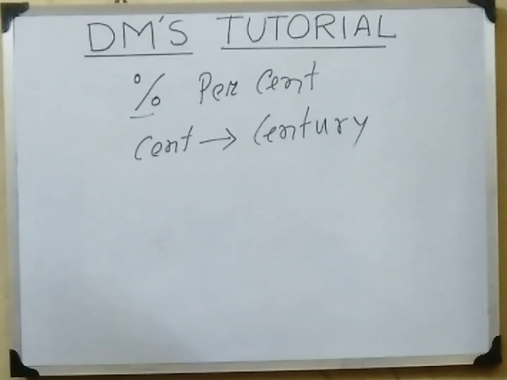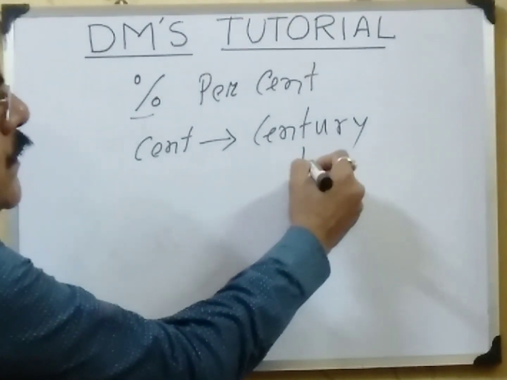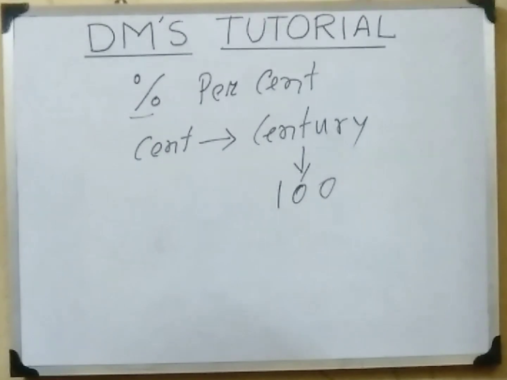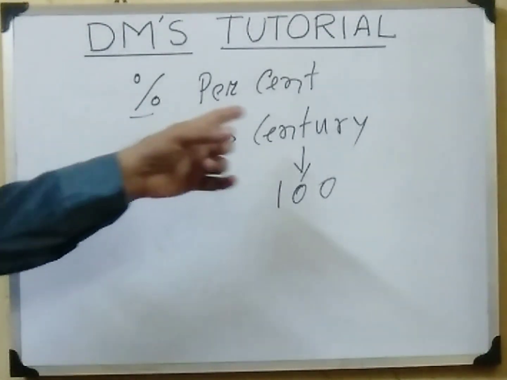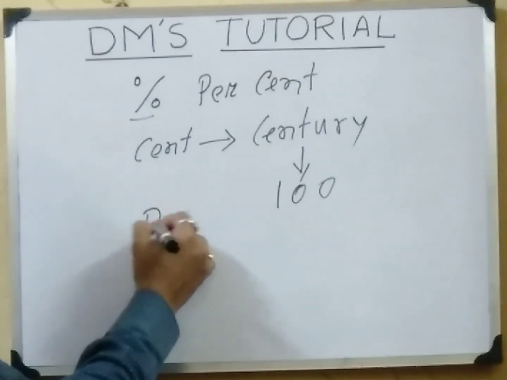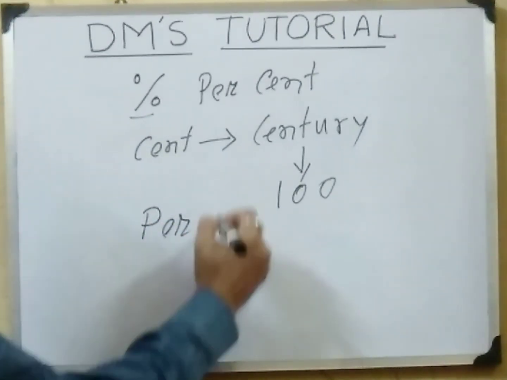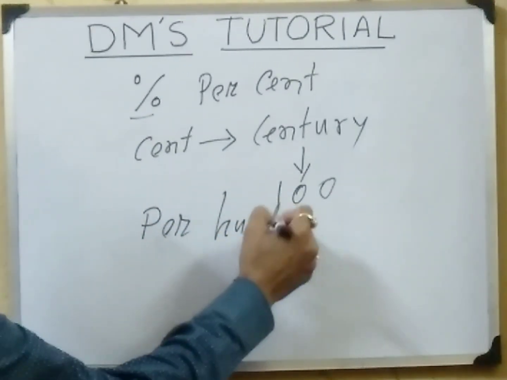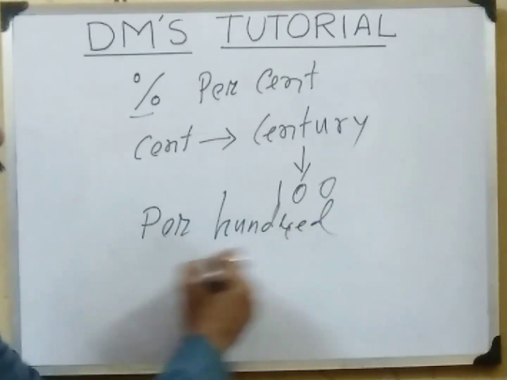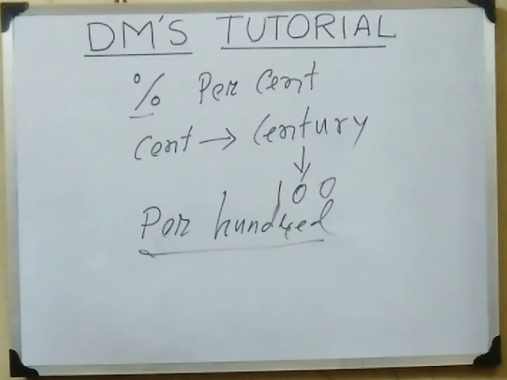What is the meaning of century? I think you all know that century means 100. Percentage means per 100. Per 100 means some quantity out of 100. That is called percent.